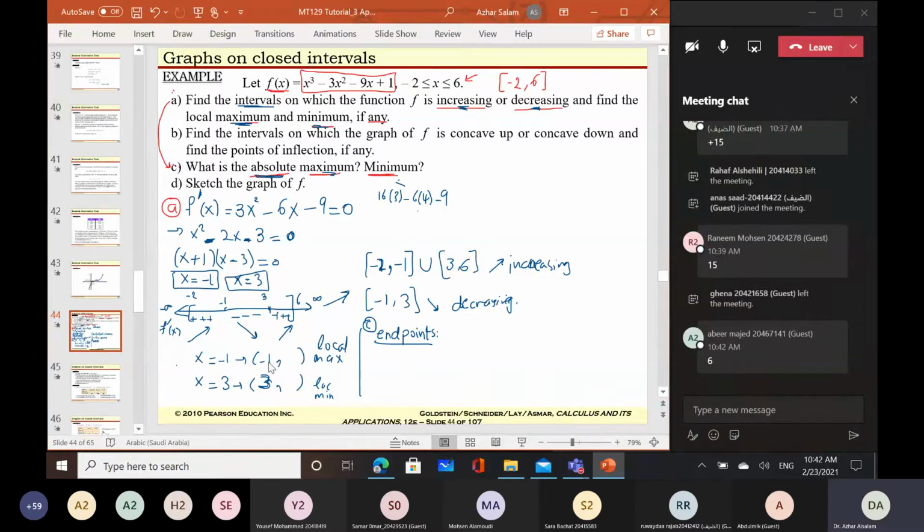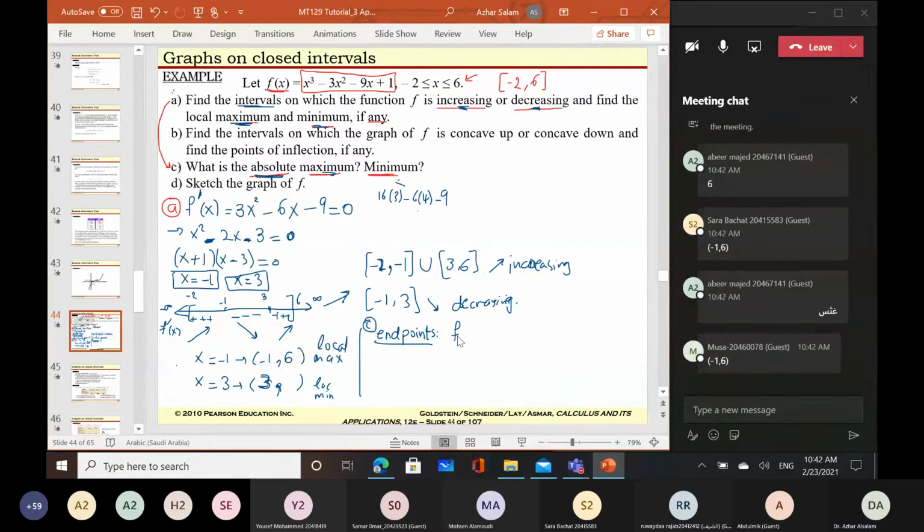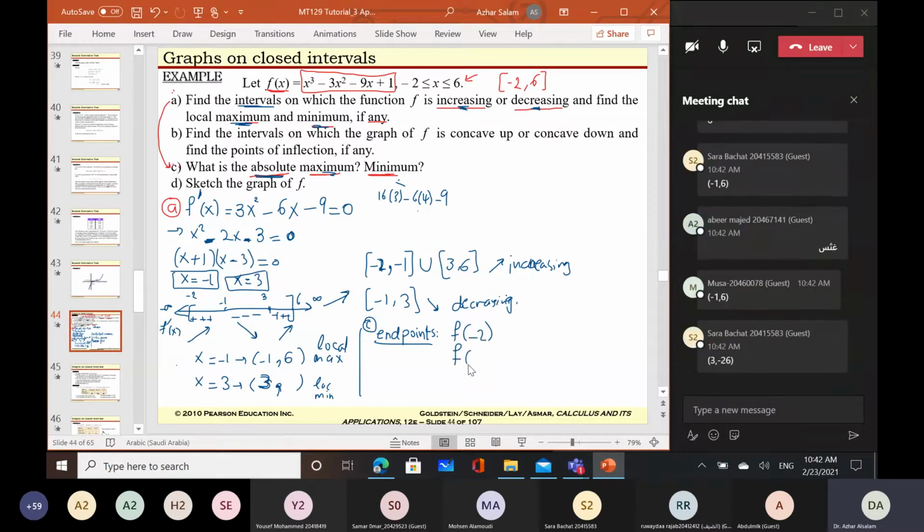So minus 1 and 6. At the end point, I make the test of the function f at the first endpoint at minus 2, and f of 6. These are the endpoints.